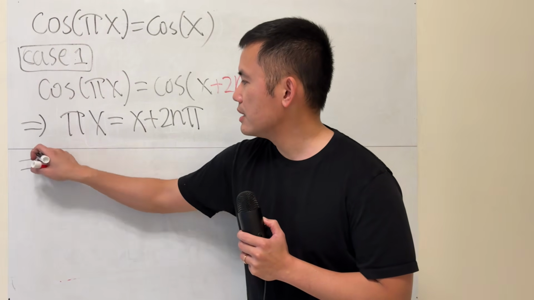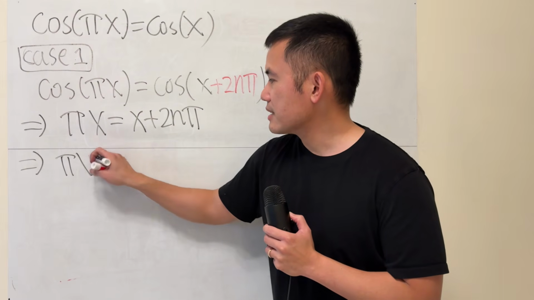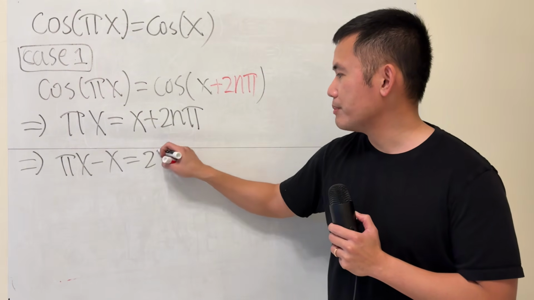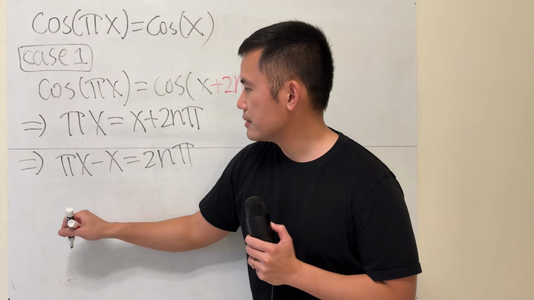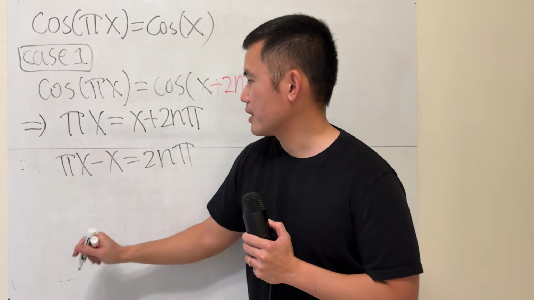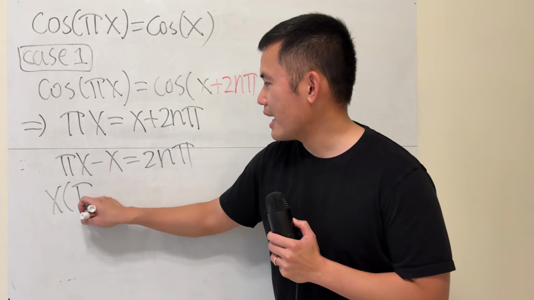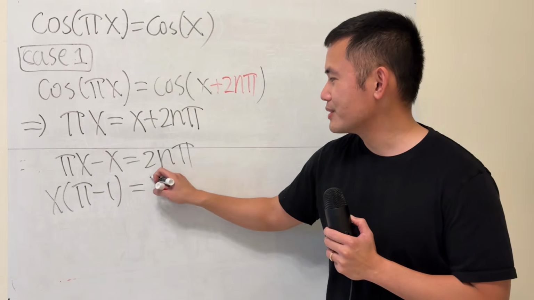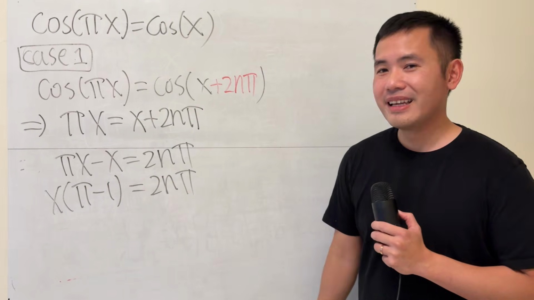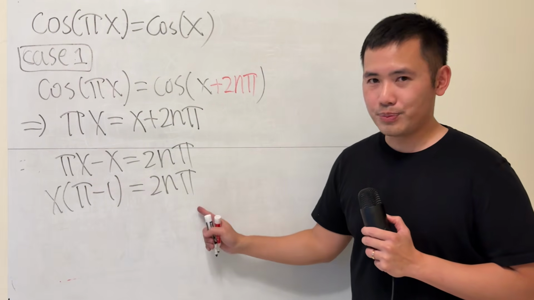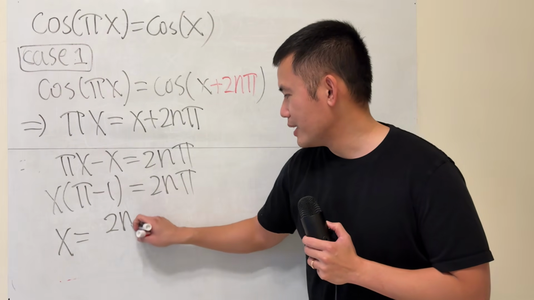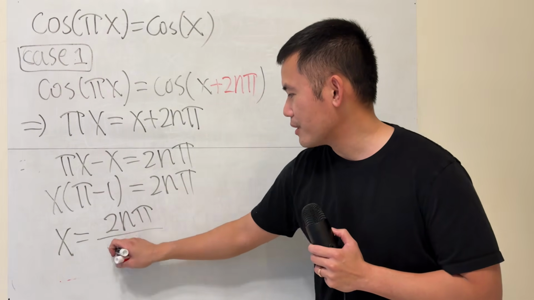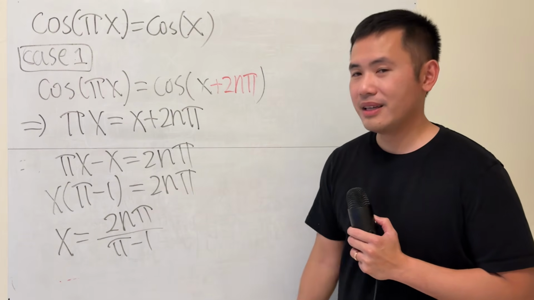So we get pi x minus x is equal to 2n pi. And then I'm just going to factor out the x. I don't need this implication anymore. x, and then this is pi minus 1 equals 2n pi. And then finally, just divide this to both sides. So x is equal to 2n pi over pi minus 1.